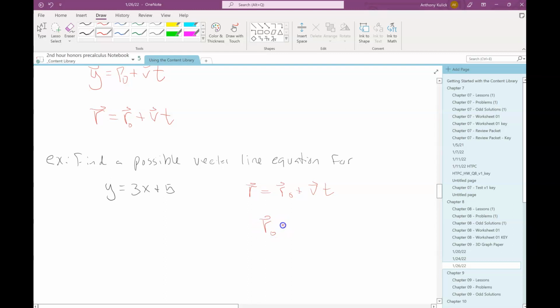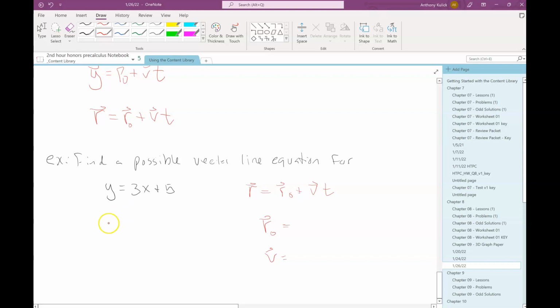I'm going to need r naught and I'm going to need v. Everybody's okay with that? R naught is a point vector. So any point on the line y equals 3x plus 5 would be satisfactory to use for our point vector.